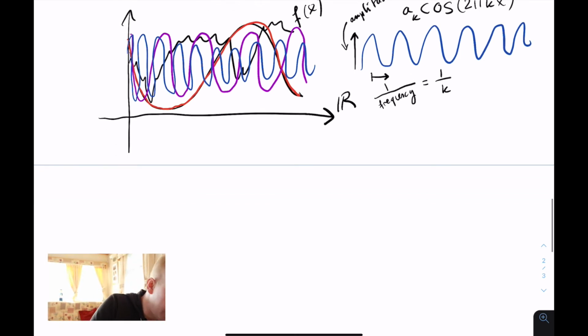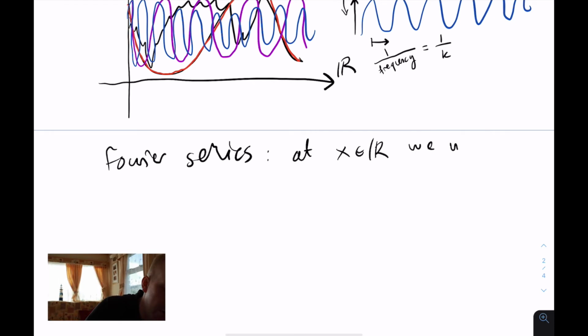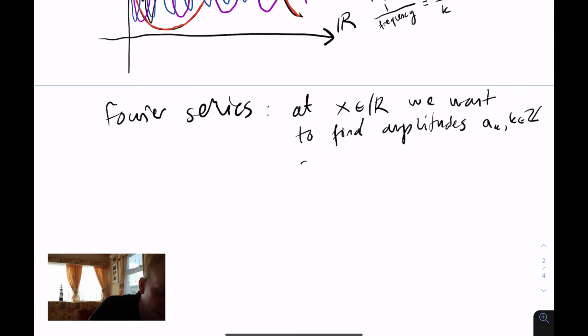So the Fourier series then looks something like this: for x in R we want to find amplitudes a_k, k in Z, such that f of x can be written at these frequencies.